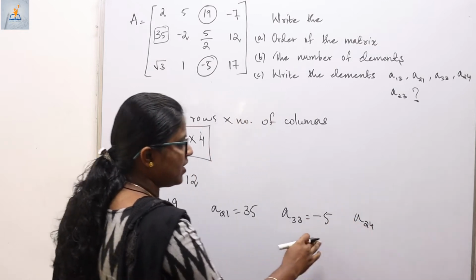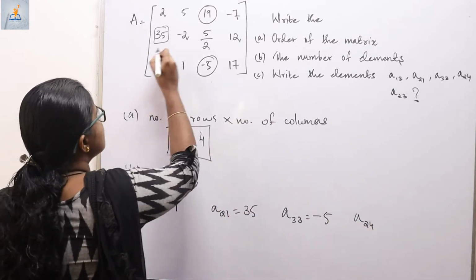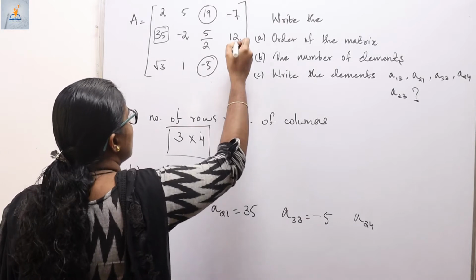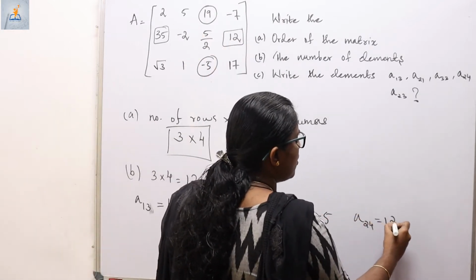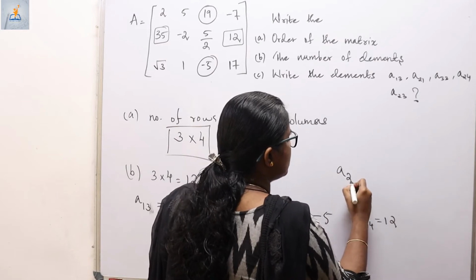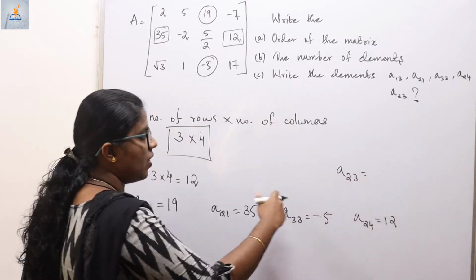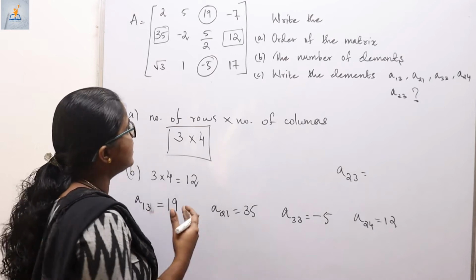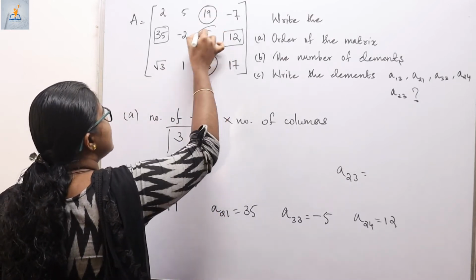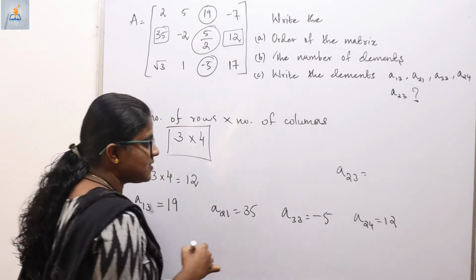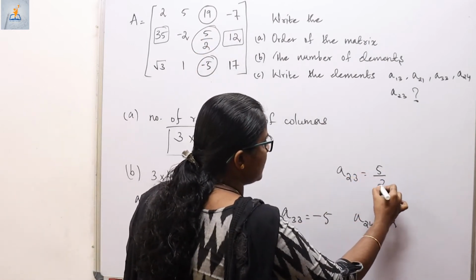The element in second row and fourth column. So this is second row and this is fourth column, and the intersecting element is nothing but 12. Coming on to the last one, what is A23? The element in the second row and in the third column. So this is second row, this is third column, and this is the intersecting element, that is 5 by 2.